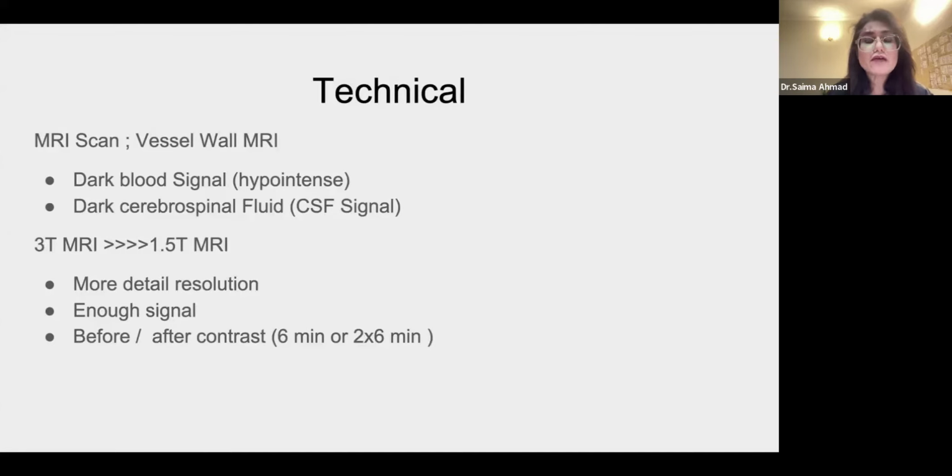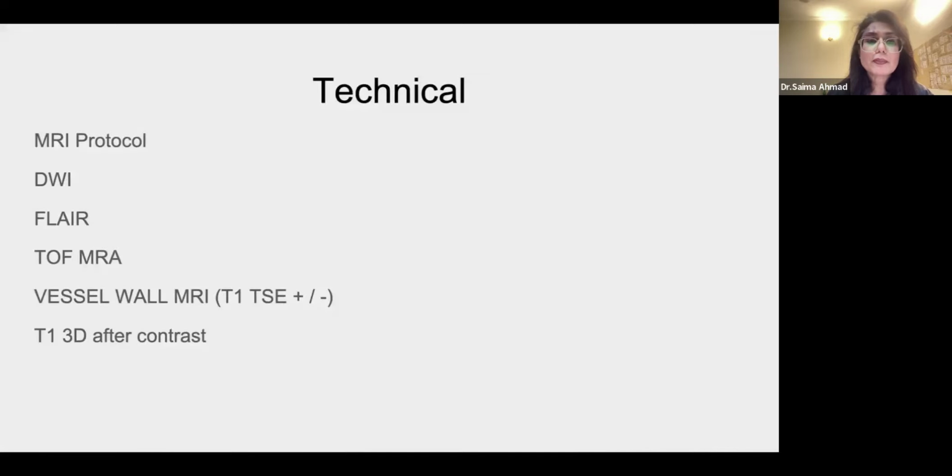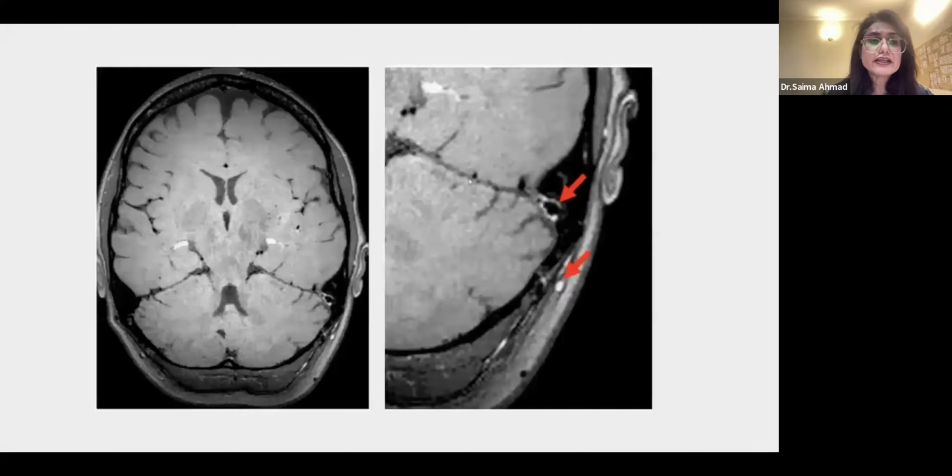We have to do both before and post contrast, and there is a gap of 6 minutes between pre and post contrast. This is one image of vessel wall imaging, which is T1 weighted turbo spin echo black blood, and you can see that the vessel appears black and surrounded by the CSF signal. This is the MRI protocol which we use for vessel wall imaging, and I have described it earlier.